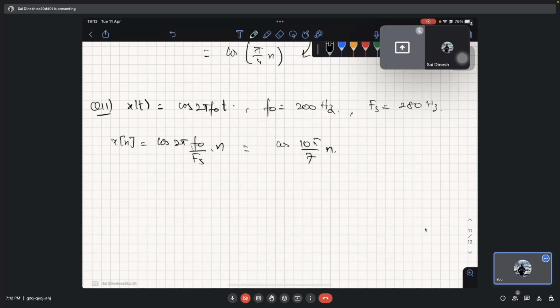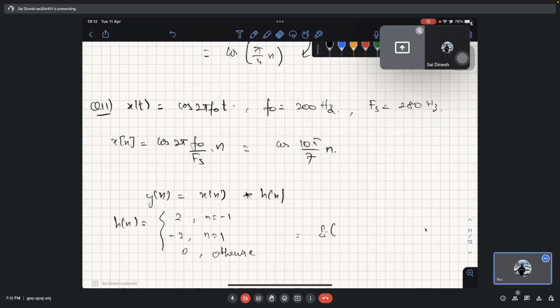y of n is x of n convolved with h of n, and h of n is 2 for n equal to minus 1, minus 2 for n equal to 1, and 0 otherwise. So this is actually equal to 2 times delta of n plus 1 plus 2 times delta of n minus 1.